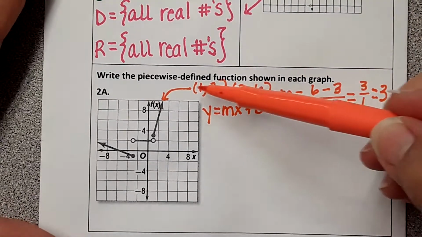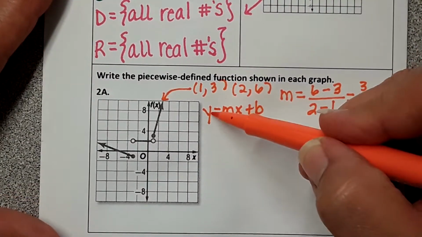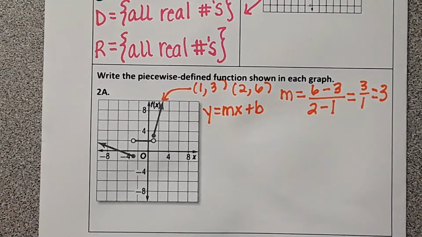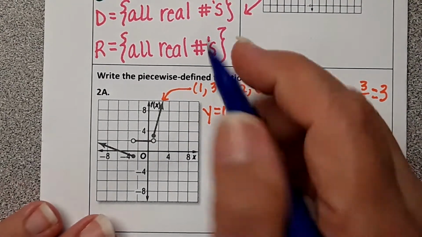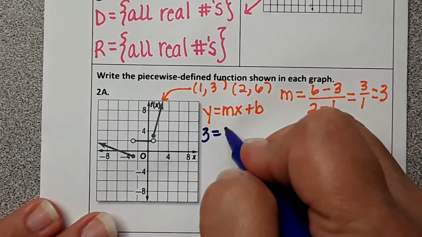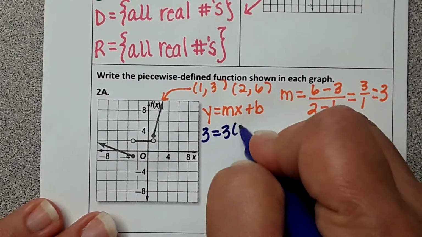So I'm going to use (1, 3). I'm just going to replace y with 3. I'm going to write the slope as 3 because m equals 3. And then I'm going to replace x with 1.